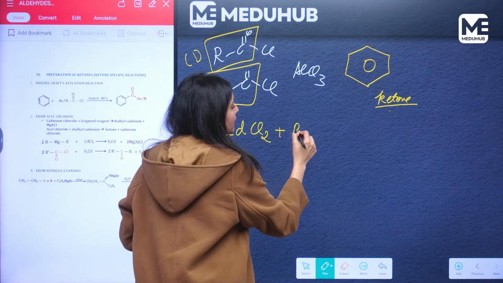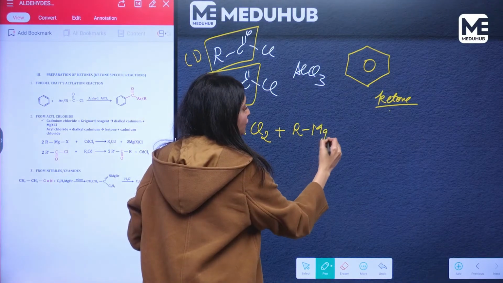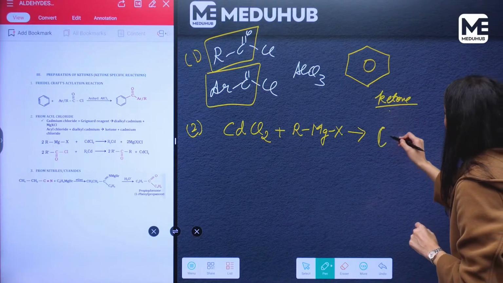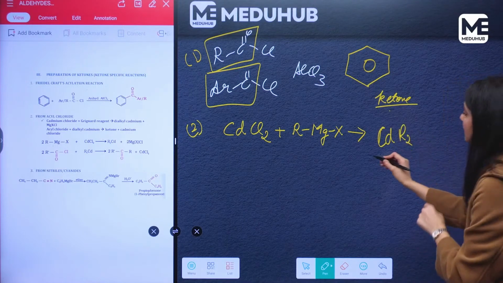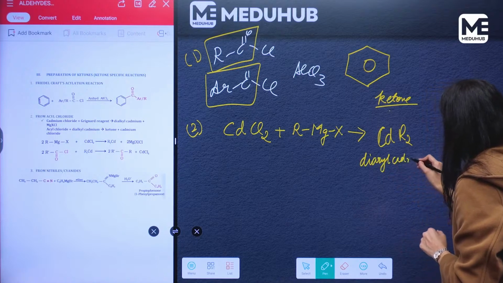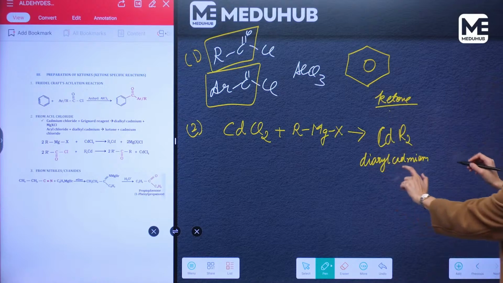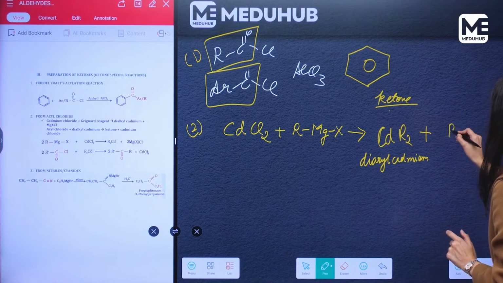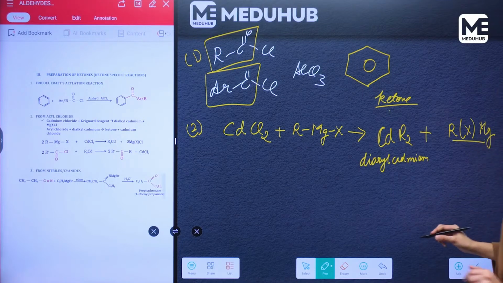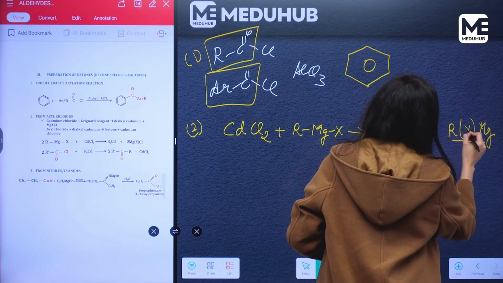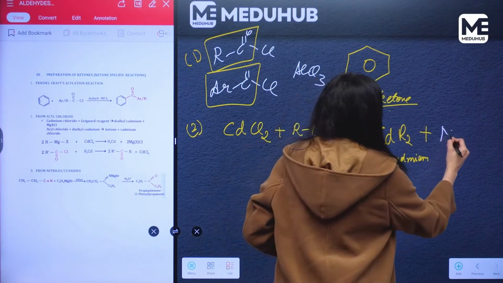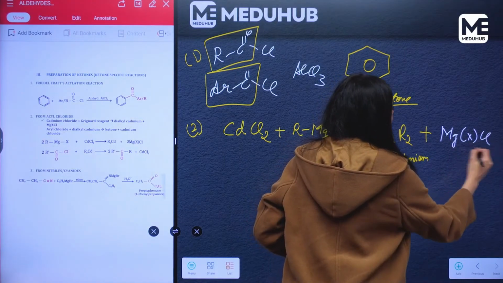It reacts with a Grignard reagent RMgX to give us CdR2. That is a diaryl cadmium, plus MgXCl.